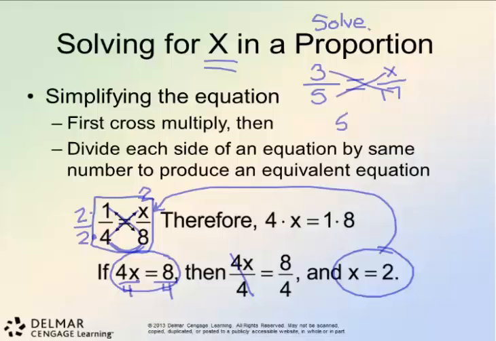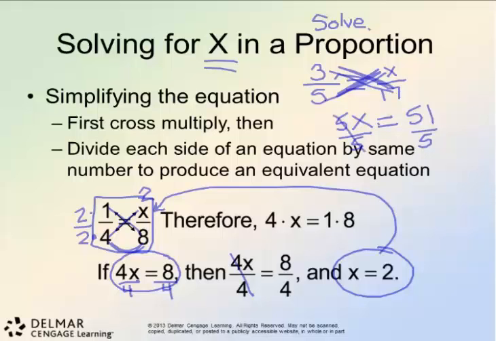We get 5x. That's the product of the means. 3 times 17, I believe, is 51. That's the product of the extremes. And since we have 5 times x is equal to 51, to isolate the x, we simply divide both sides by 5.